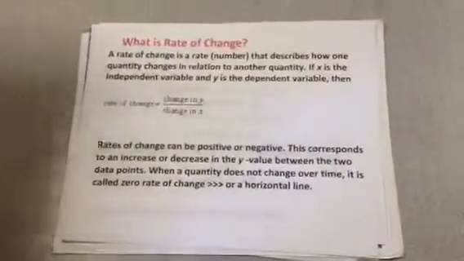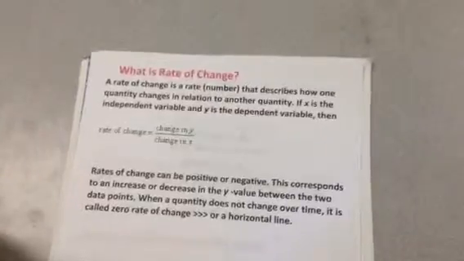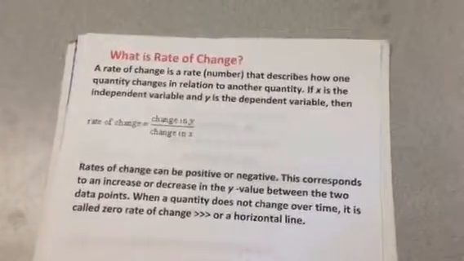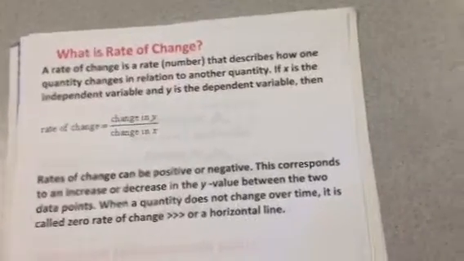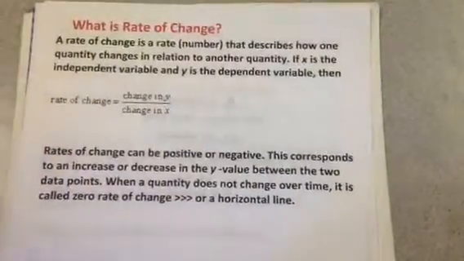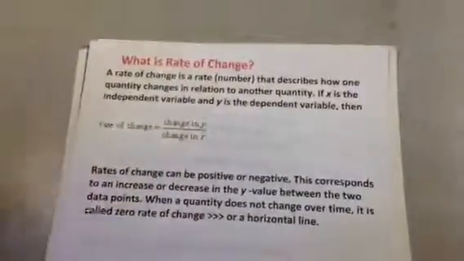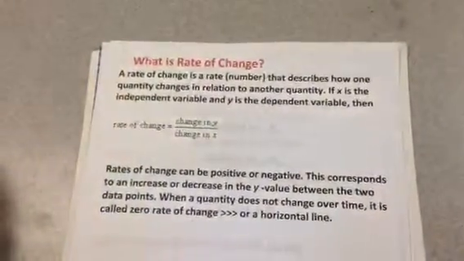What is rate of change? A rate of change is a rate number that describes how one quantity changes in relation to another quantity. If x is the independent variable and y is the dependent variable, then rate of change is change in y over change in x.